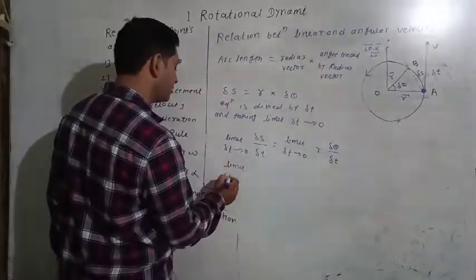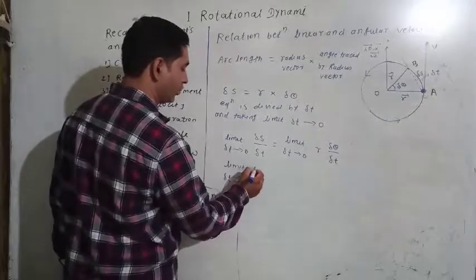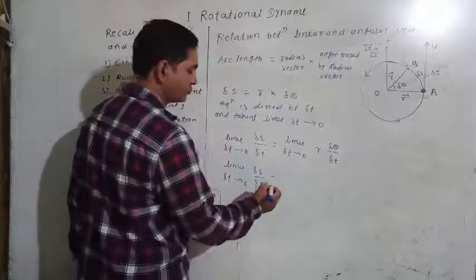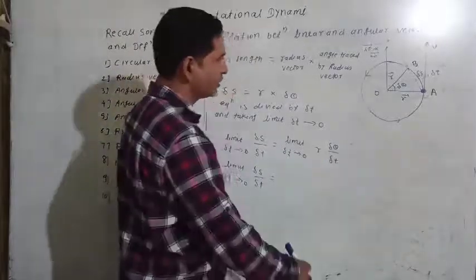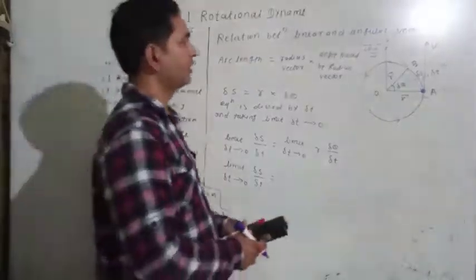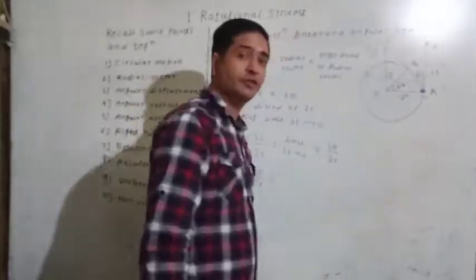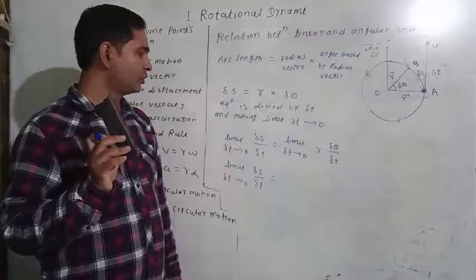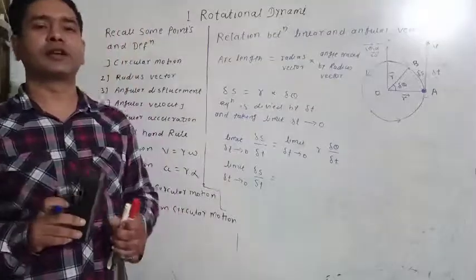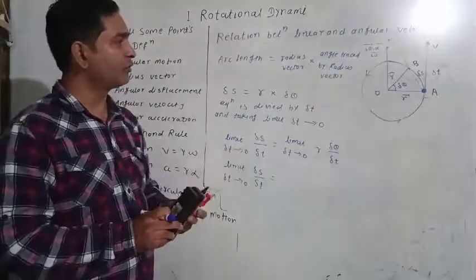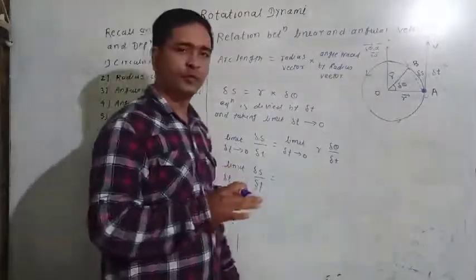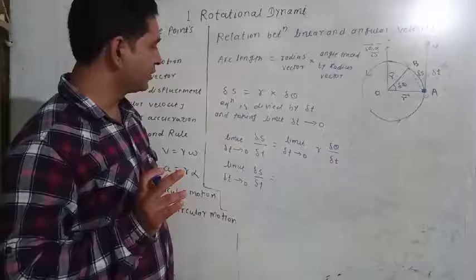R is constant, because at every point, at every position, the radius is constant.